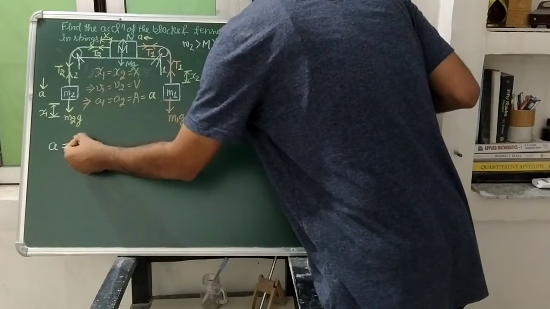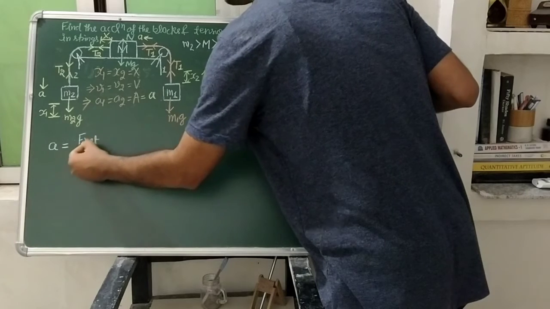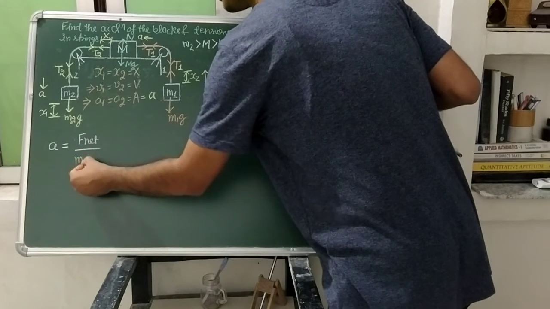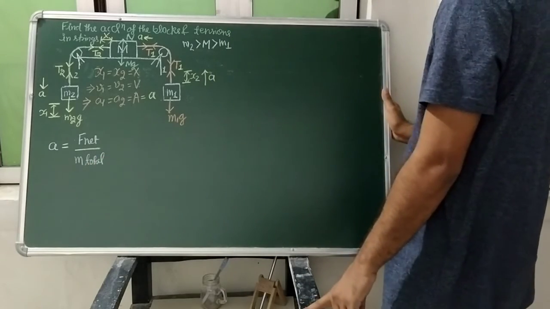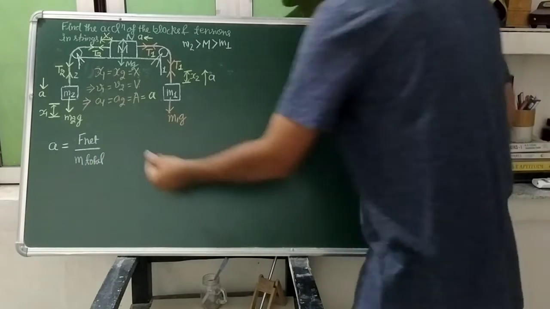That should be equals to what? F net upon total mass, is it? F net upon total mass. And here, what will you say?